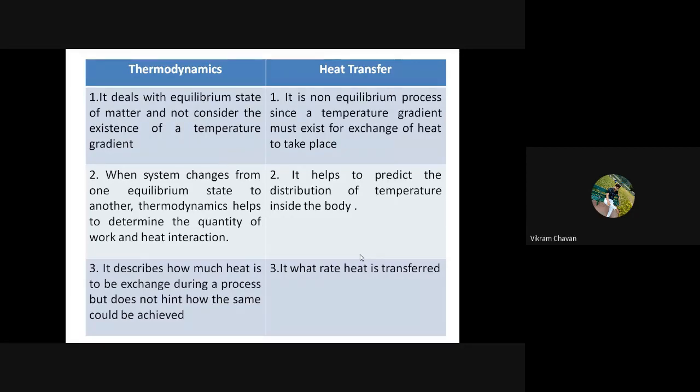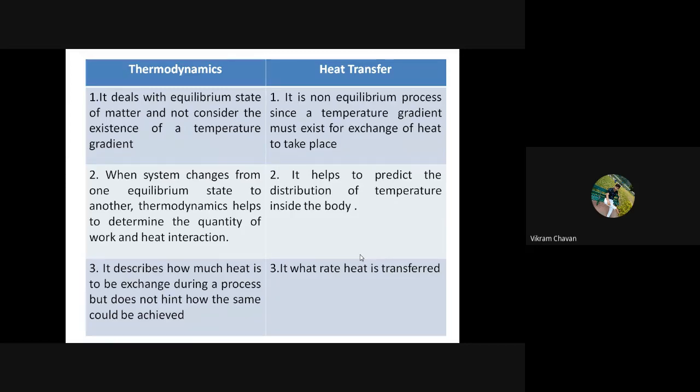Heat transfer is always dealing with the rate. In heat transfer, we come to know how much heat is transferred per unit time, or how much time is required to convert that particular state of matter.